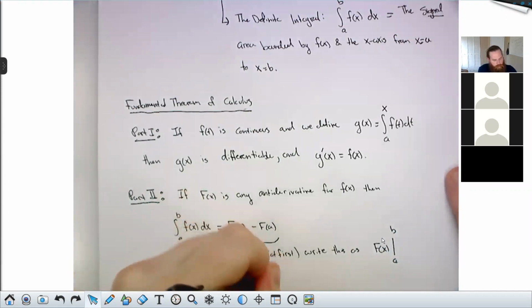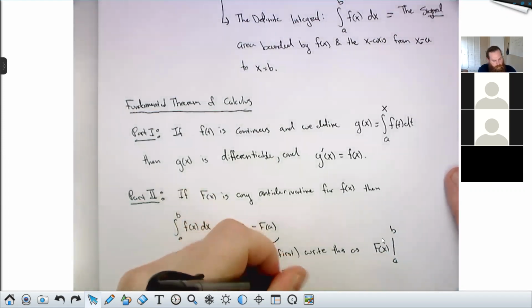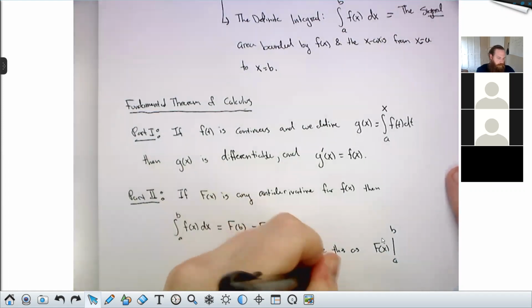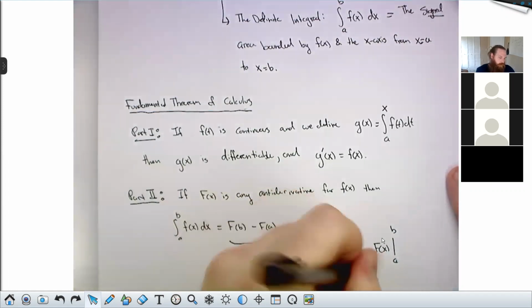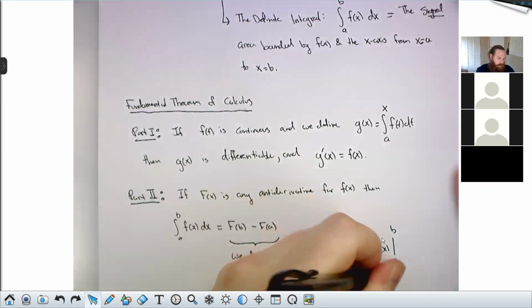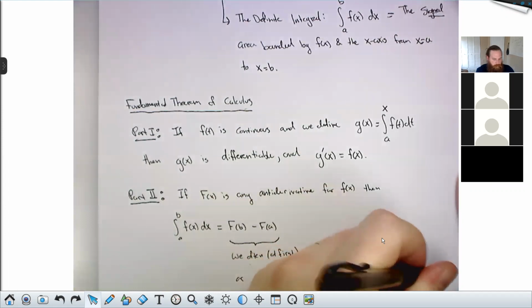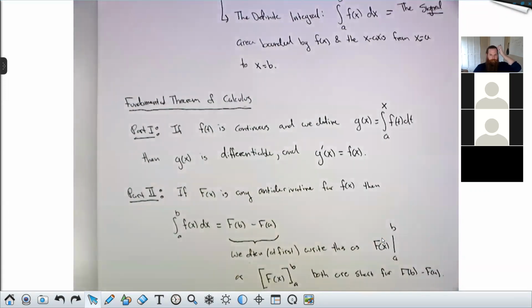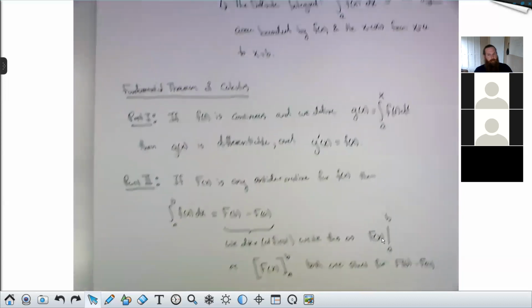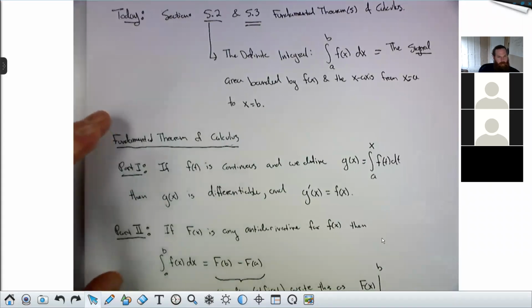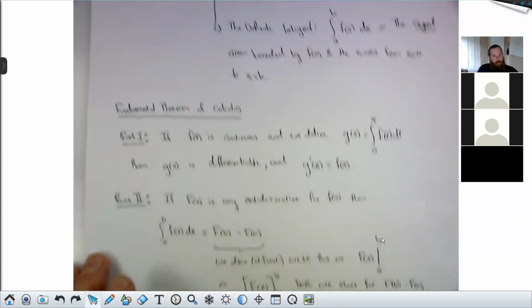Or you'll see me use this notation sometimes with a bracket, both of which are just short for f of b minus f of a. Right, but that's it. That's it. Really, like FTC 1 and 2 are these statements, just from here to here.